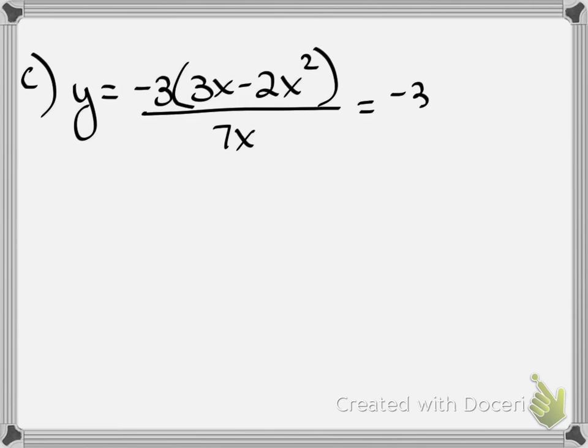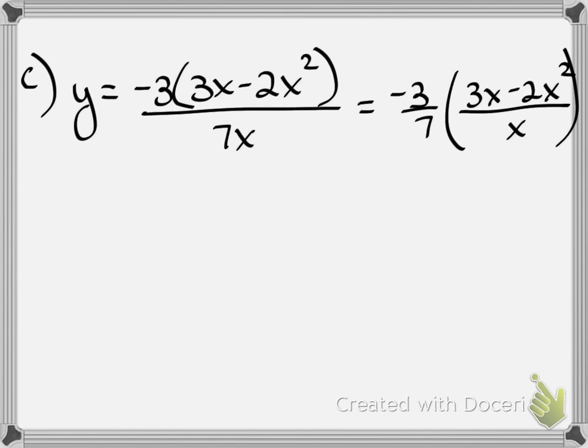I see a constant, and then I see these terms, and I notice they all have x's with them. So we could reduce an x or divide an x out of everybody, which would leave -3/7 times 3 minus 2x over 1.